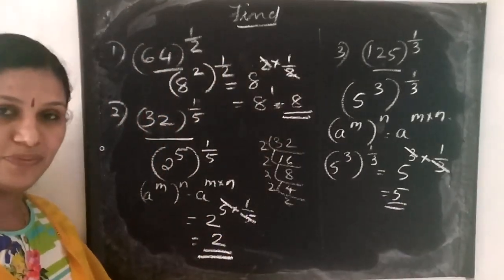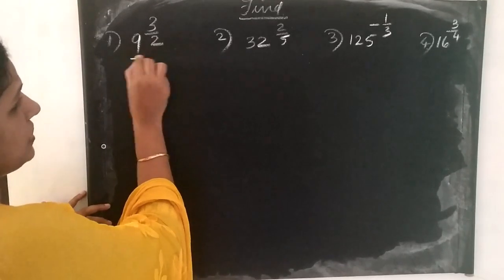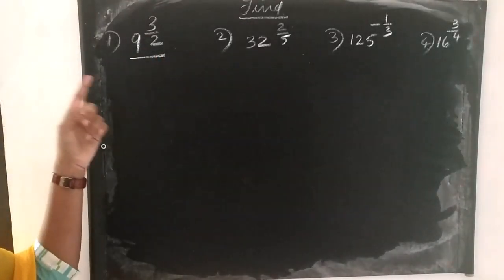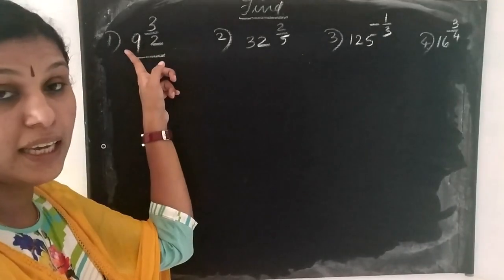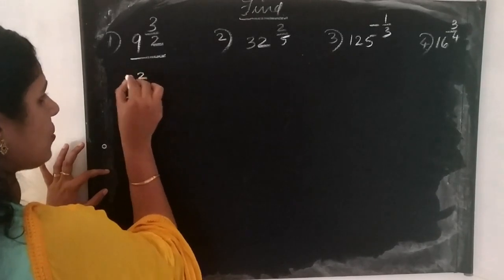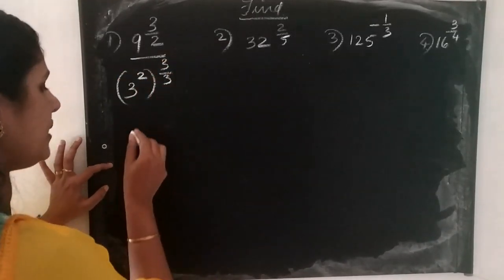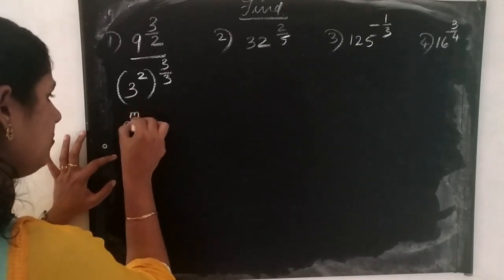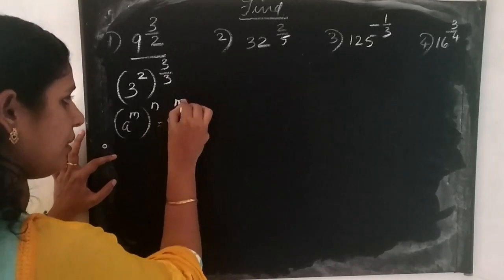Okay, understood? Next is 9 raised to 3 by 2. So we change this 9 as 3 square. So we write this 3 square, the whole raised to 3 by 2. Now it is in the form of a raised to m, the whole raised to n. What is that? A raised to m into n.